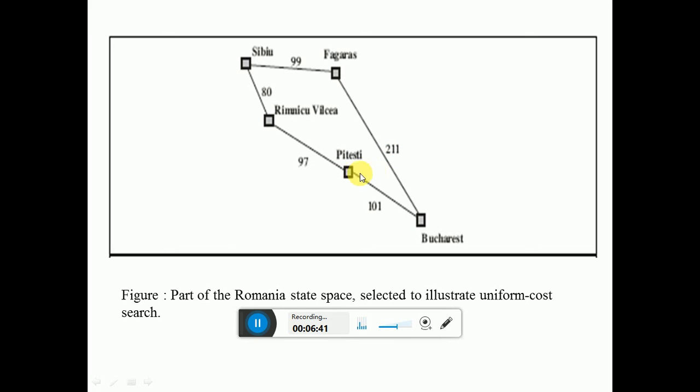And from this Pitesti, if we move towards the Bucharest, what is the distance? 80 plus 97 plus 101. Means the total distance from CBU to Bucharest is 278. Therefore, this is the way to move from CBU to Bucharest.